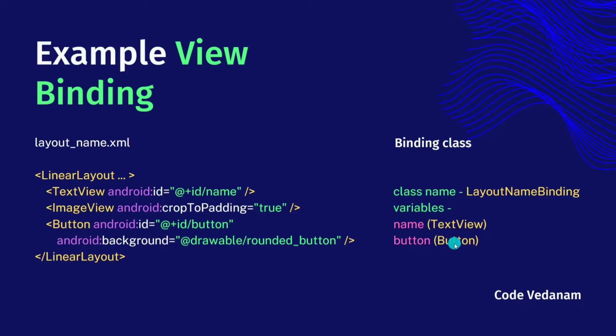And notice one thing, that there will be no variable in this class for the view items which do not have any ID. So this ImageView has no ID, and there is no reference for this ImageView. Now we have understood what view binding is and how view binding will generate a binding class.